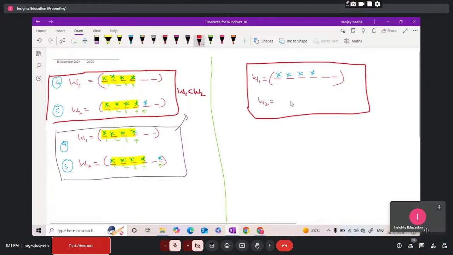W2 1 2 3 4 5 6. నేను ఓన్లీ ఇంతకుముందు 3 తీసుకున్నాను. ఇప్పుడు జస్ట్ టేక్ ద ఓన్లీ 3 dimensions common.